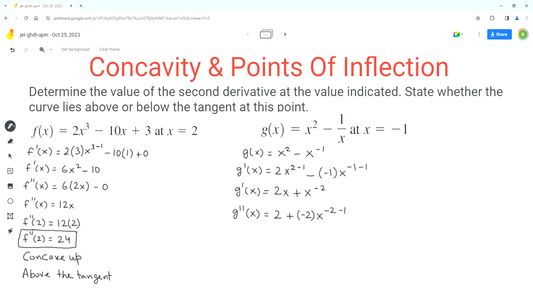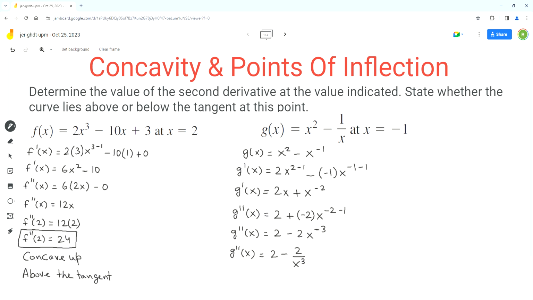Now we can simplify this expression. Plus -2 becomes -2, and the exponent becomes -3. Now we can move the x term to the denominator to make the exponent positive. So this is the expression for the second derivative of g(x).